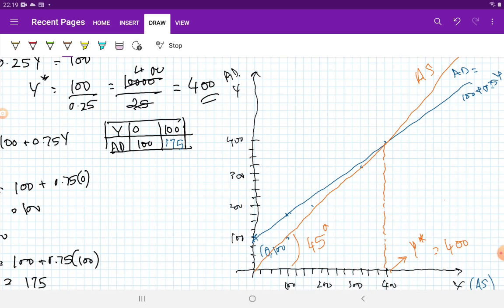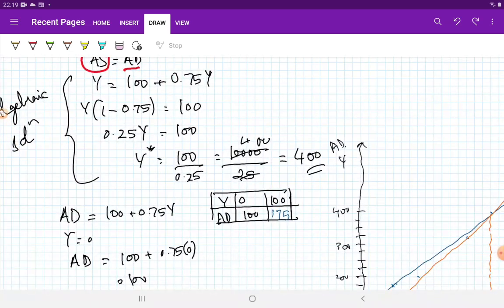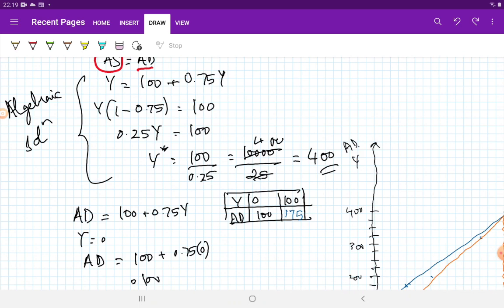The question asks you to solve for this national income equilibrium graphically. But since you do not get graph papers and you have to draw with a pencil and paper, or normal ruled pages, it is always wiser to solve for the national income equilibrium level beforehand using the algebraic equation: aggregate supply equals aggregate demand.